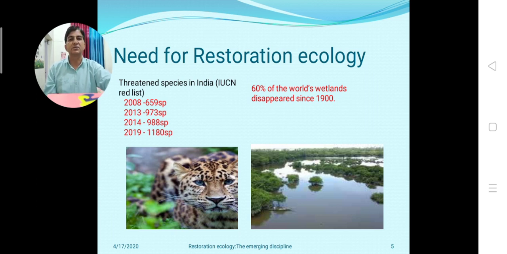The ecosystems and landscapes have lost their vitality, and you also know that many more species are being lost every day, and ecosystems are being hampered or lost. 60% of the world's wetlands have disappeared since 1900. So now the time has come when we need to look into the matter urgently and do something.